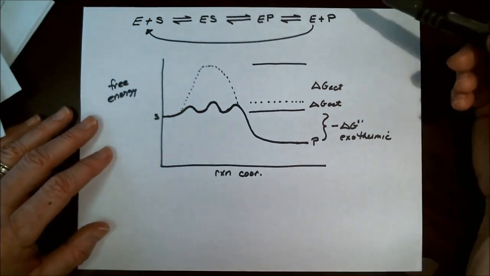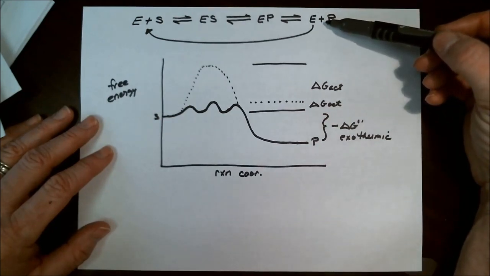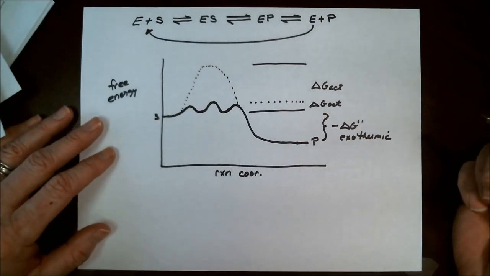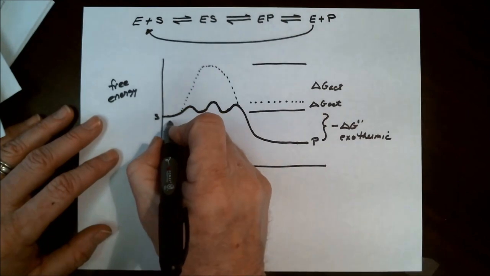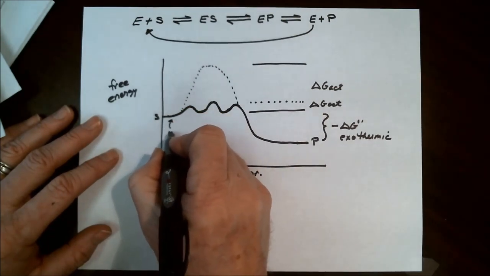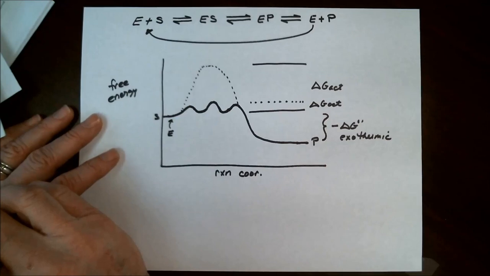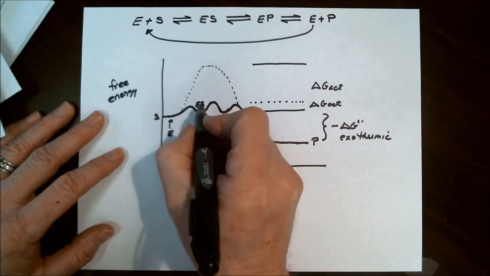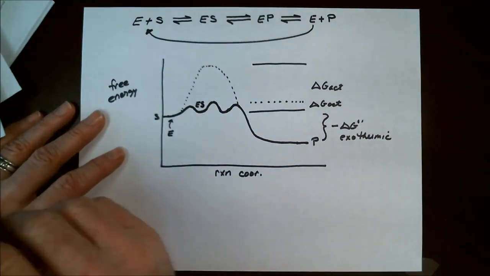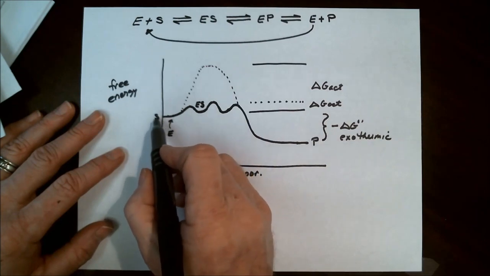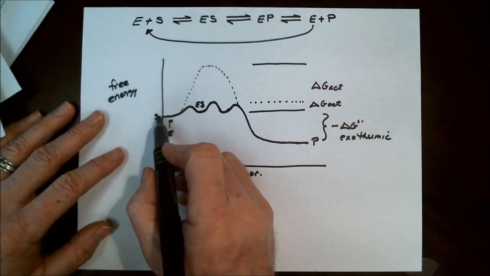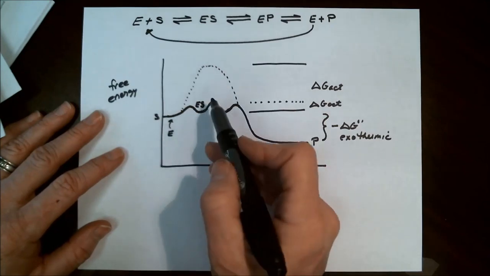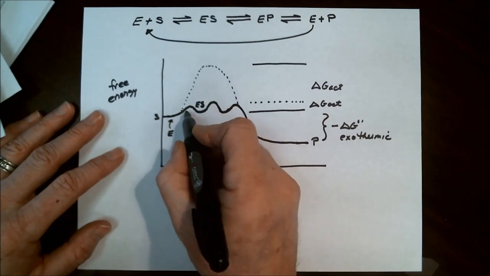Now mechanistically, how do we connect this reaction sequence with the free energy change measured in the enzyme catalyzed reaction? Well, we start out with substrate. At this point, we add enzyme. The enzyme has to bind to the substrate to form our transition complex, the enzyme-substrate complex. In order to do this, we have to dissociate water from the substrate in order for it to enter the binding pocket of the enzyme. That is going to take energy.